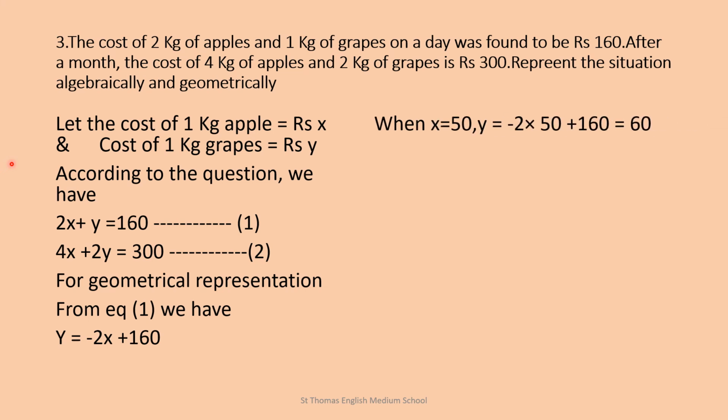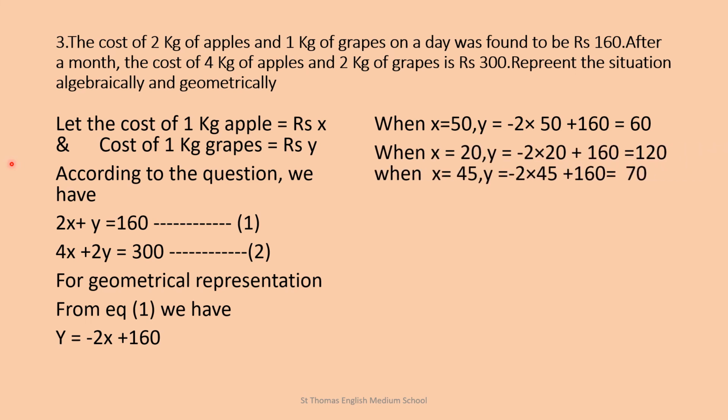So when x equal to 50, y equal to minus 2 multiplied by 50 plus 160 equal to 60. When x equal to 20, y equal to minus 2 multiplied by 20 plus 160, that is 120. And when x equal to 45, y equal to minus 2 multiplied by 45 plus 160, that is 70.